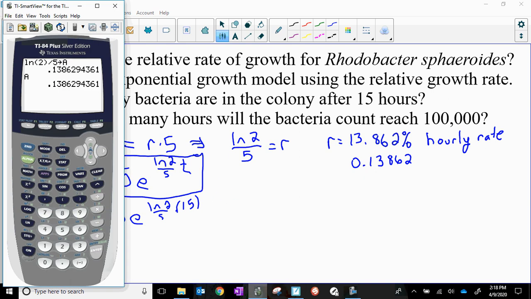That's perfectly fine. So I'm going to put 25. You've got to use the base. A lot of people forget the e for some reason. You have to. That's a number. Without that, it doesn't make any sense. You're trying to say it's getting 25 times bigger if you're going to do that. It's not what we're talking about. We're saying it's doubling or it's growing continuously. Your rate, which I stored in as A, times 15. And there we go. 200.